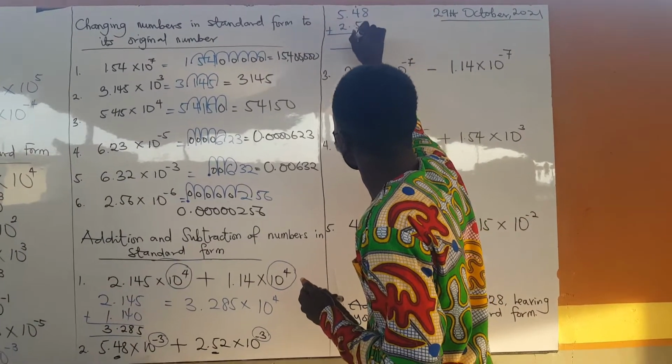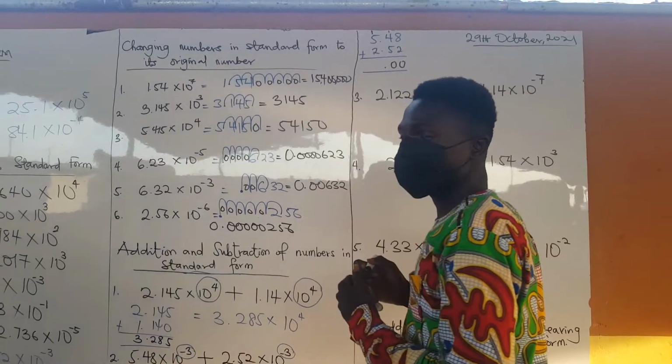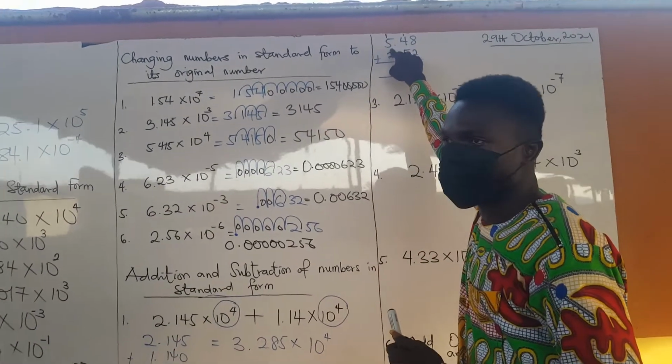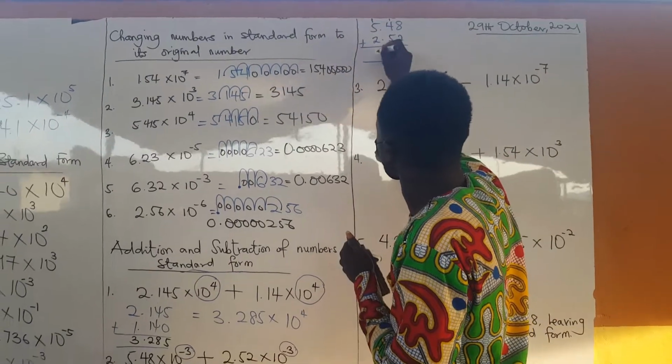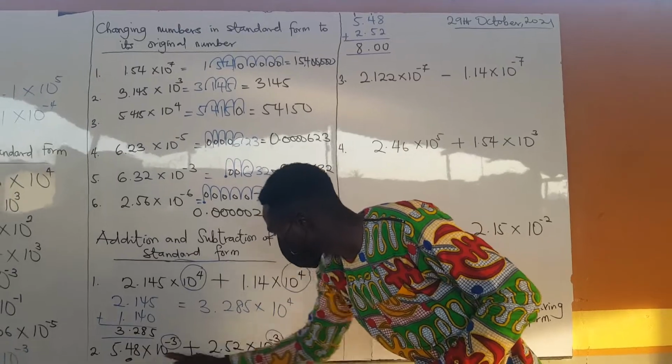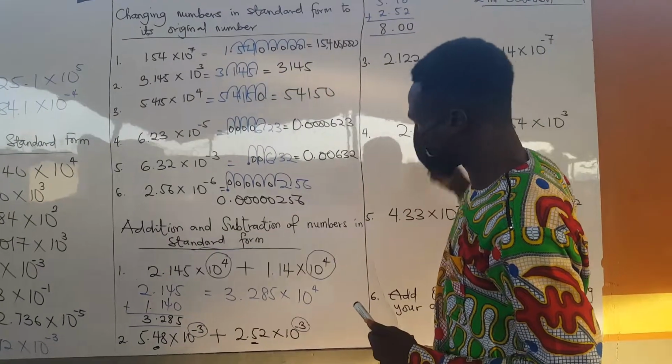So 0, point, remainder 1. Then you put this together: 5 plus 2 is 7, plus 1 is going to give me 8. So putting this together, I had 8.00.